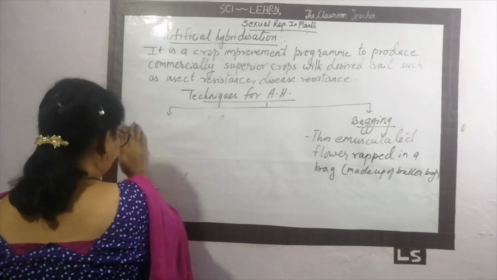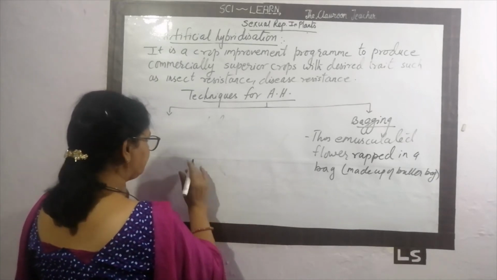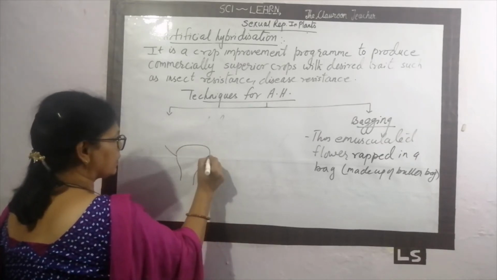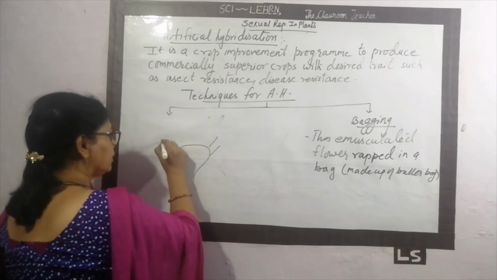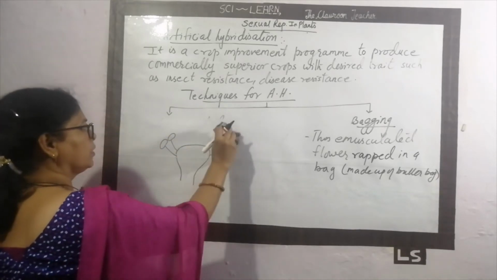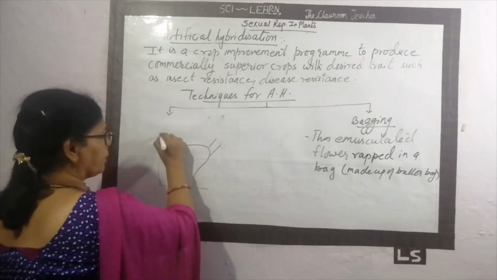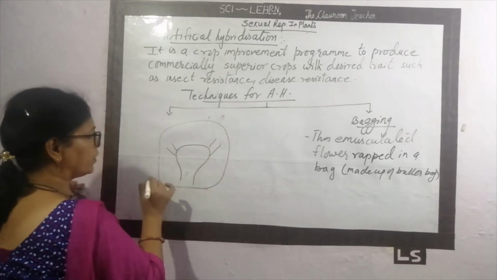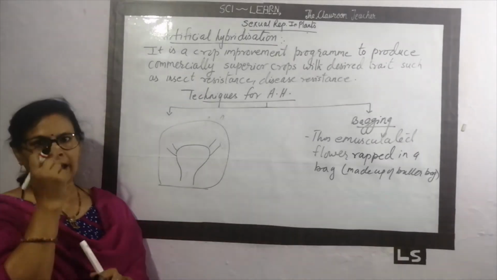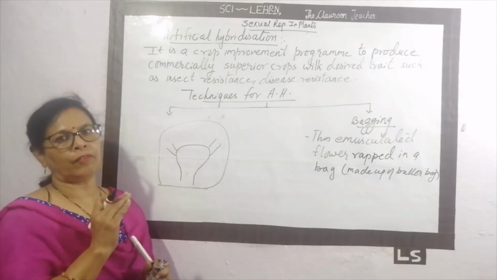Okay, what is going on here for artificial hybridization? This is the flower, this is the anther. The anther is emasculated, removed, and then the flower is bagged, covered and protected. This bag protects the female flower.